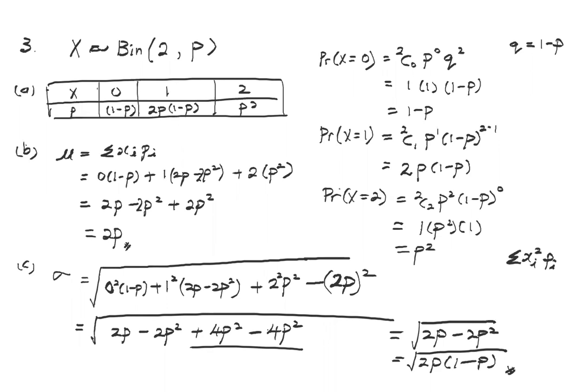Part A. Yeah, part A, why? Because for P of X equals to 0 is 2C0 and then p to the power of 0, q to the power of 2, right? Oh, yes, you are right.